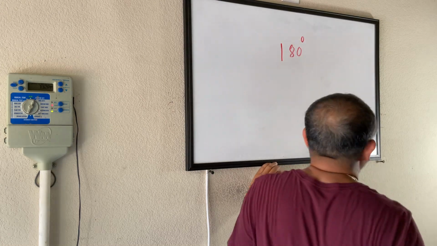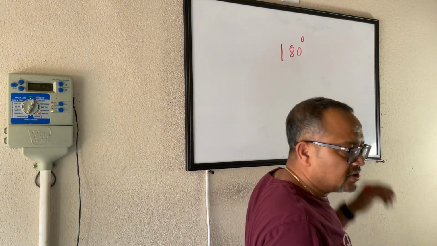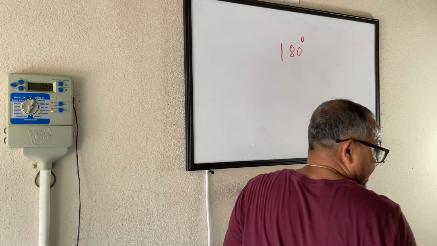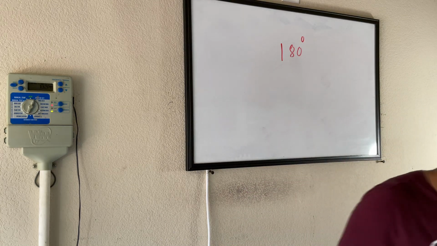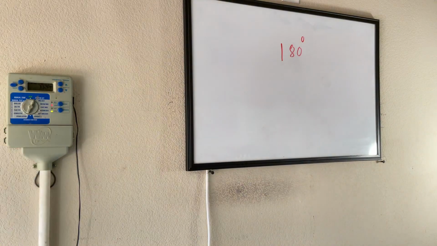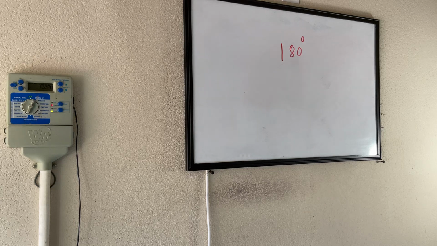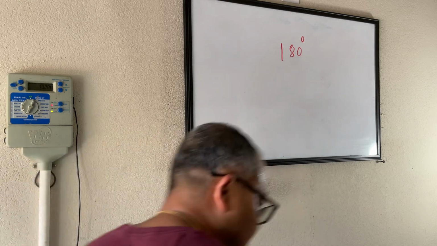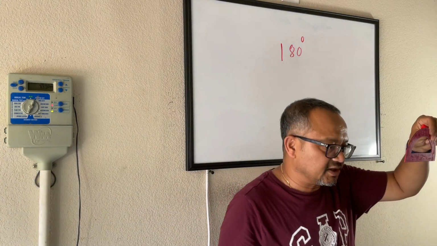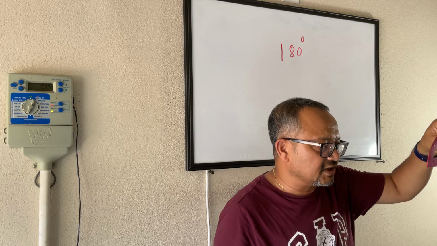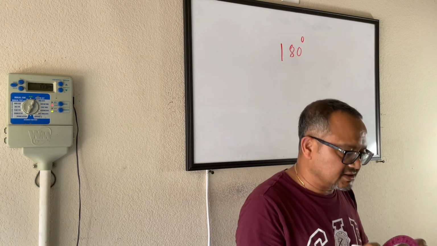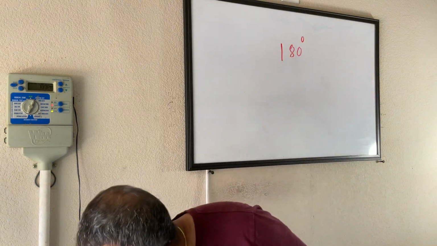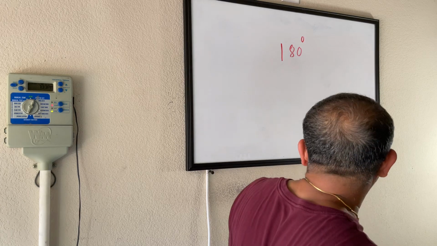If you want to measure angle in degrees, you have a tool called a protractor. This is the tool I was talking about. This is the one that is used for measuring angles. We measure the angle in degrees, and that's what we have been comfortable with so far.